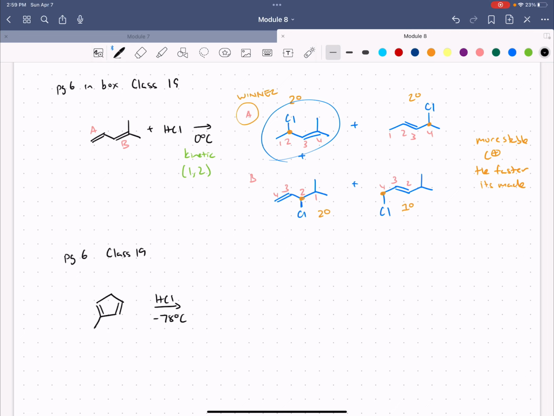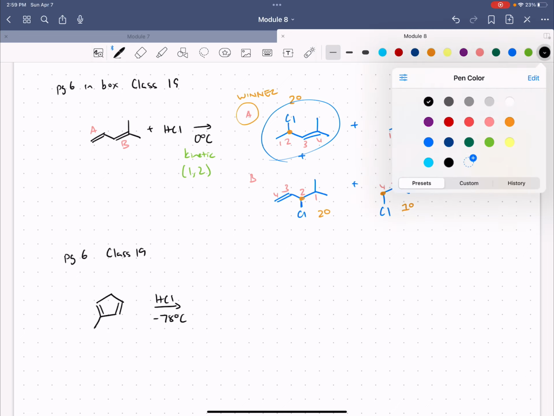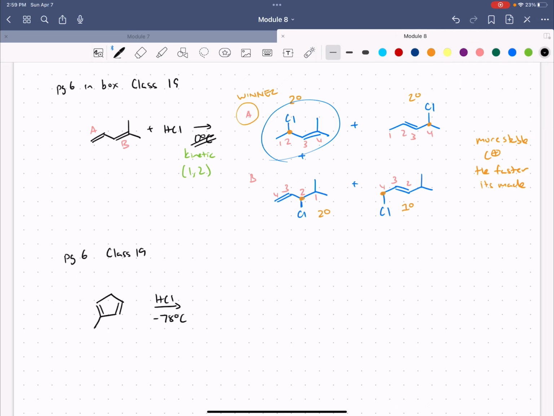On the handout, I have a 0 here. Let me change this to negative 20 degrees C. So that's kinetic, and that's this one right here, okay? I know in class that I said 0 was thermodynamic. On the exam, you will not get a temperature of 0. I'll make it very clear that it's either above 0 or below 0.